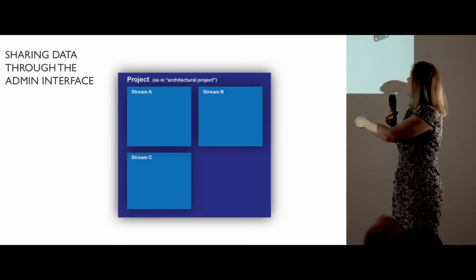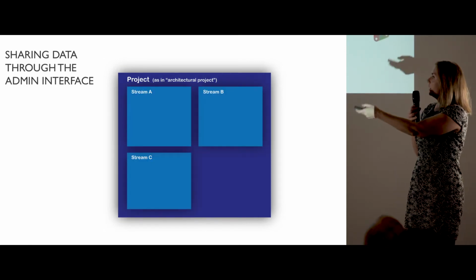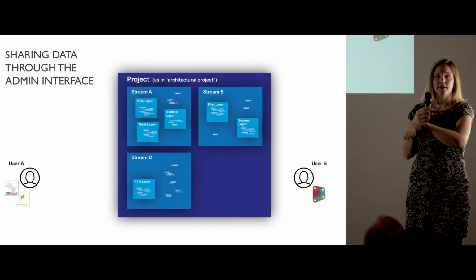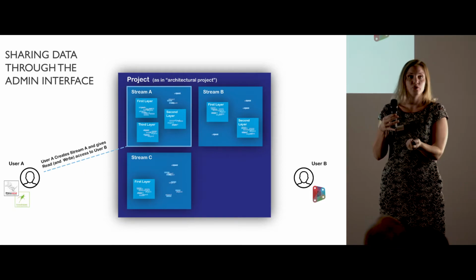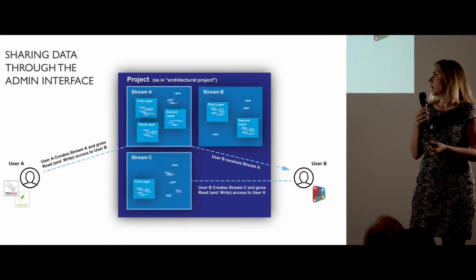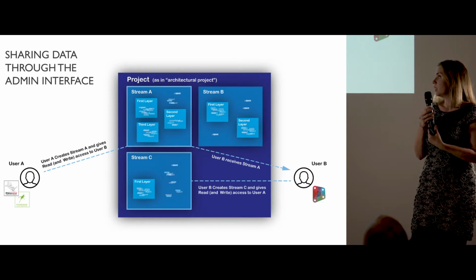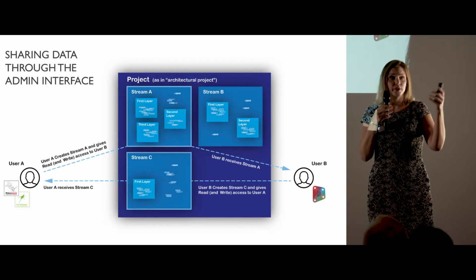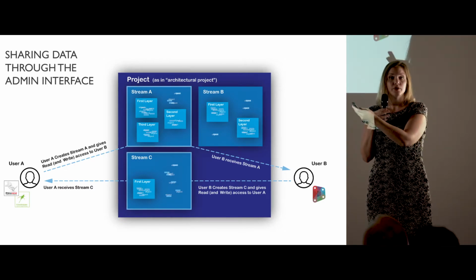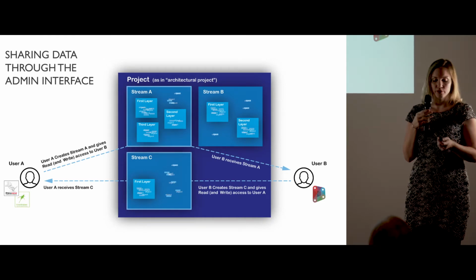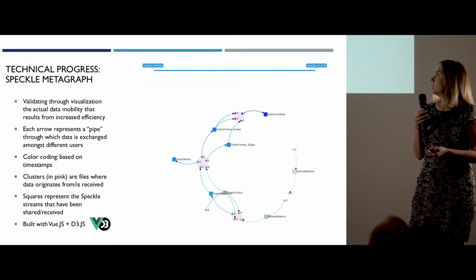We have user A, user B. User A creates a stream, which is sent to user B, and then after editing or manipulating or adding a new geometry, this would be a new stream that goes back to user A. So this is essentially a triple between user A, user B, and user C. It could go back to the same user, but it could go to a different user.